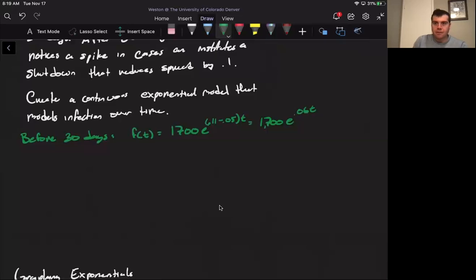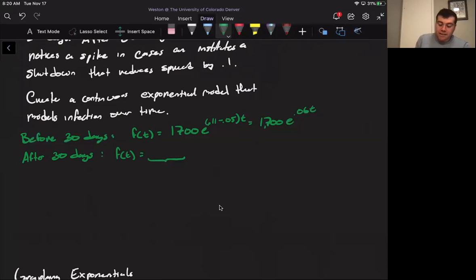All right, so after 30 days, we have a change in our model. So after 30 days, our model now becomes f of t equals some number is going to go there.